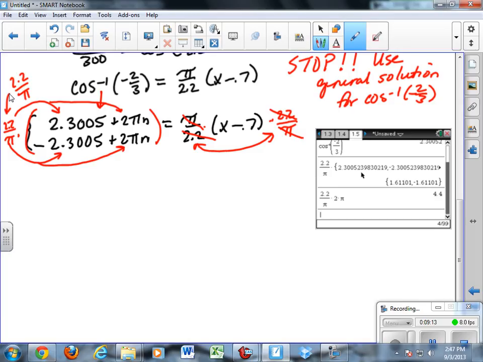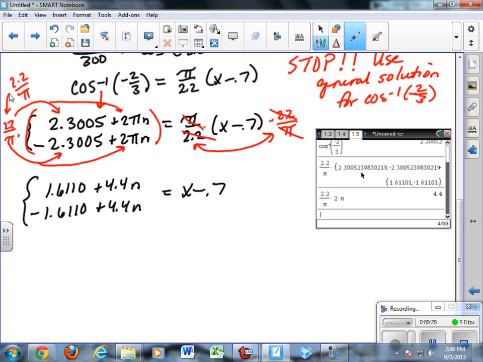I get 1.6110, that's good enough, plus 4.4n, and negative 1.6110 plus 4.4n equals x minus 0.7. So now I've changed the period. Now I'm not looking at the number 2.305. Oh gosh, I just did something terribly wrong here.